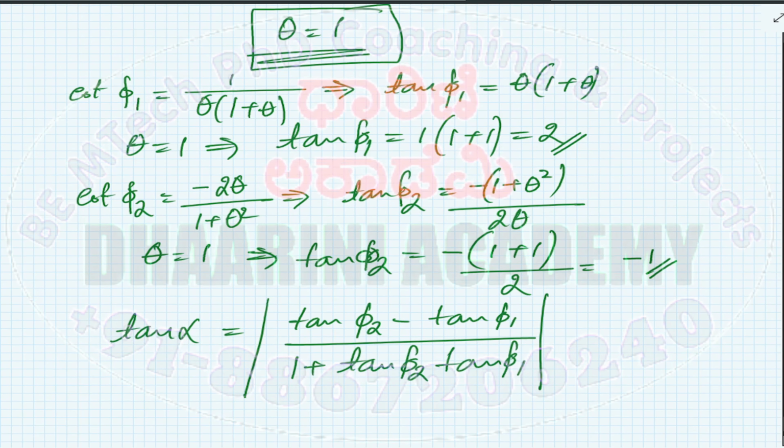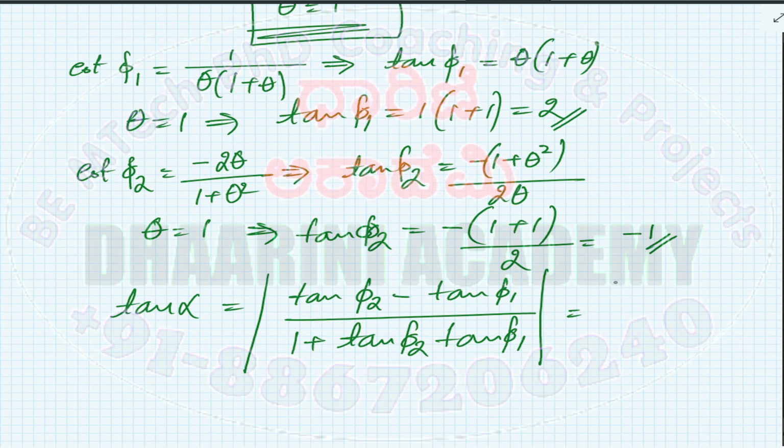Now simply substitute. We already have the values. So tan phi 2 is minus 1, minus tan phi 1 which is 2, whole divided by 1 plus 2 into minus 1, its magnitude.